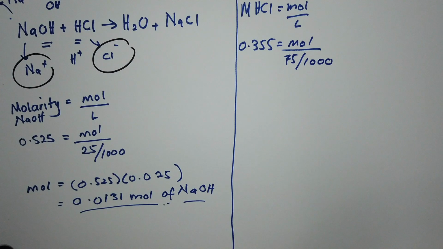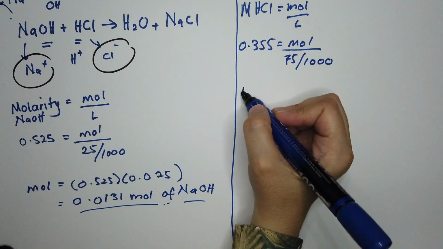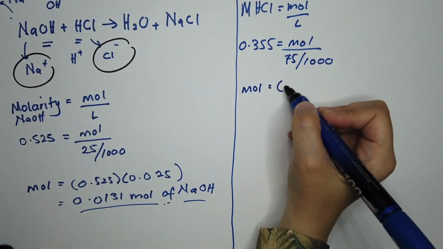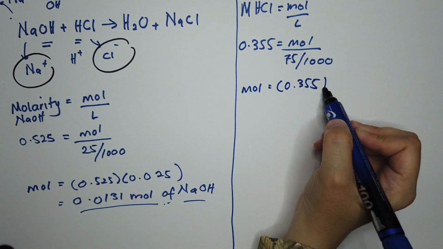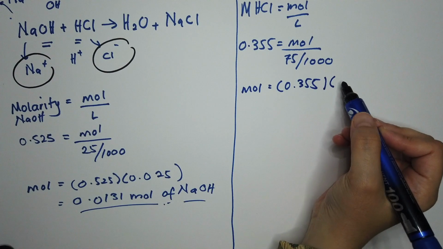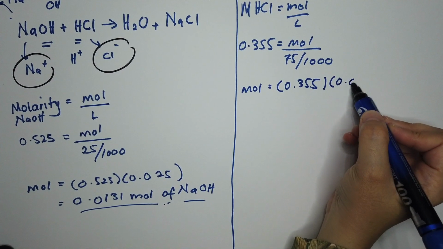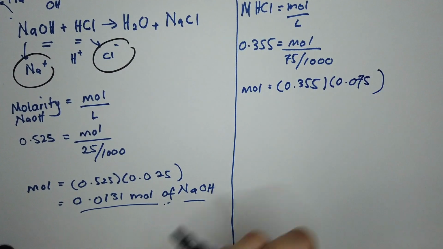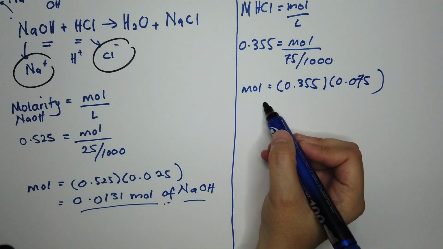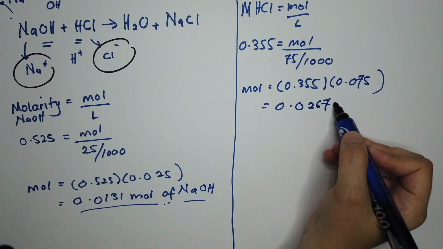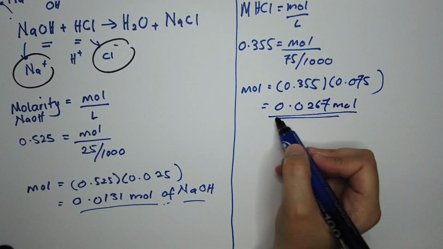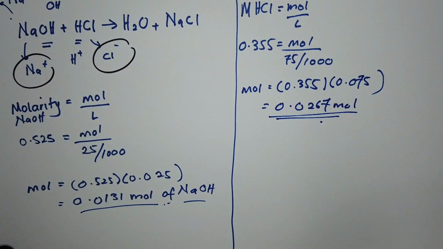Therefore, the number of moles is 0.355 times 0.075, so you should get 0.0267 mole. This one is for HCl.